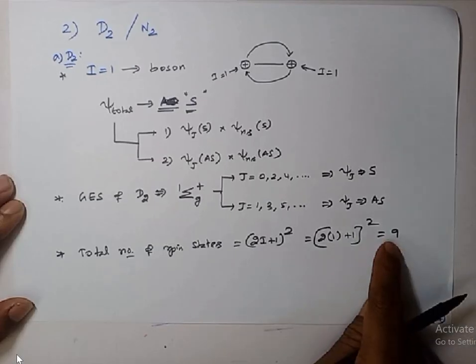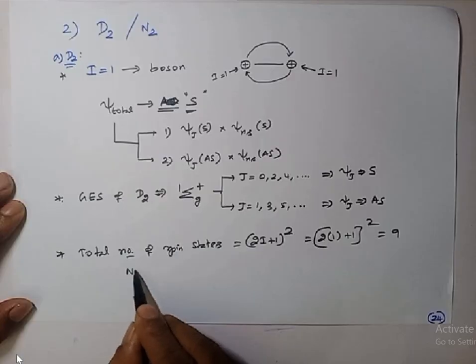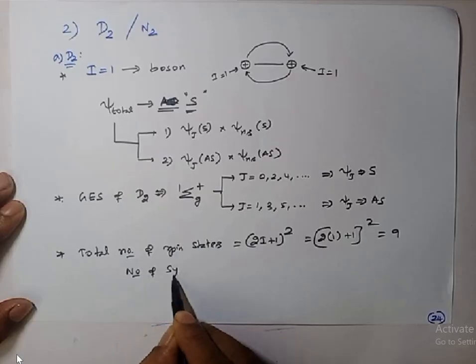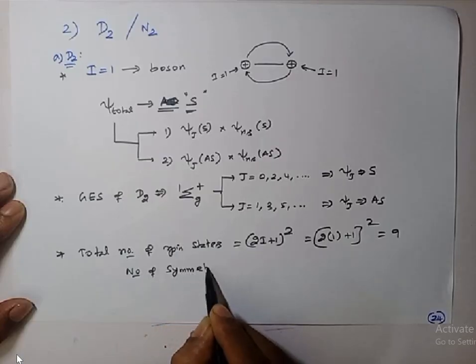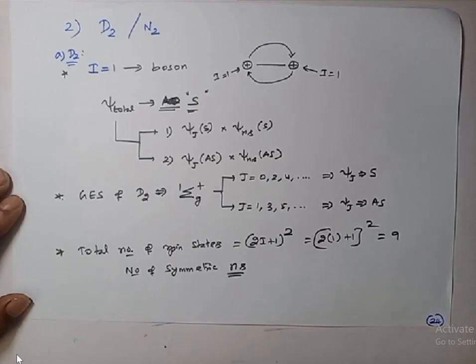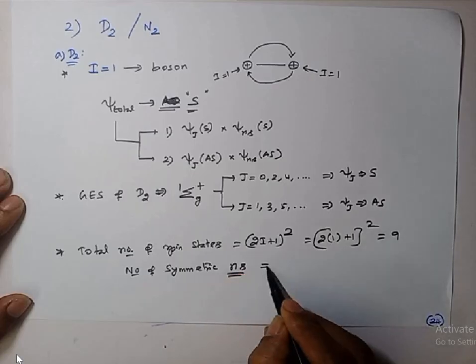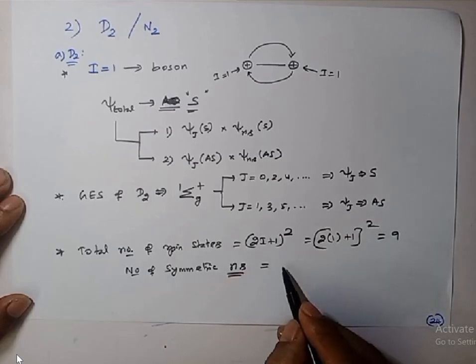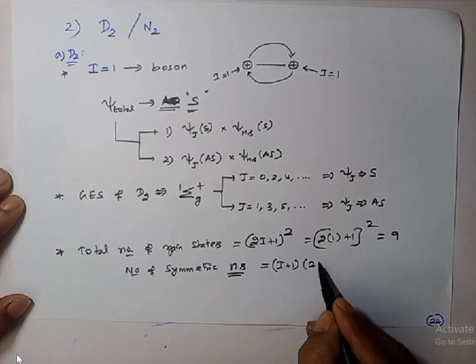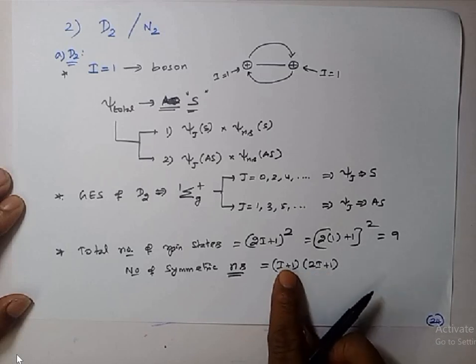Out of 9, how many are symmetric and how many are antisymmetric? The number of symmetric nuclear spin states, I write simply NS. To find this, we can use the formula (I plus 1) into (2I plus 1). Put I equal to 1.